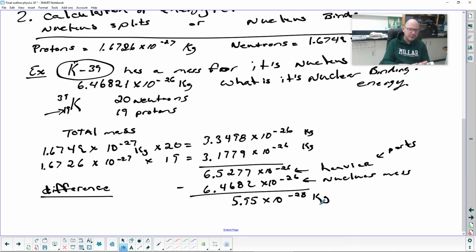So that's the missing mass that we're going to convert into energy, nuclear binding energy.